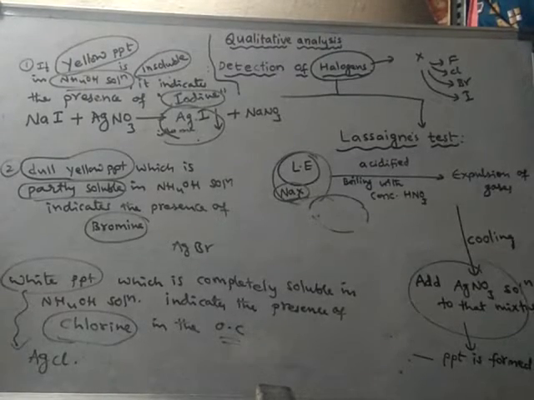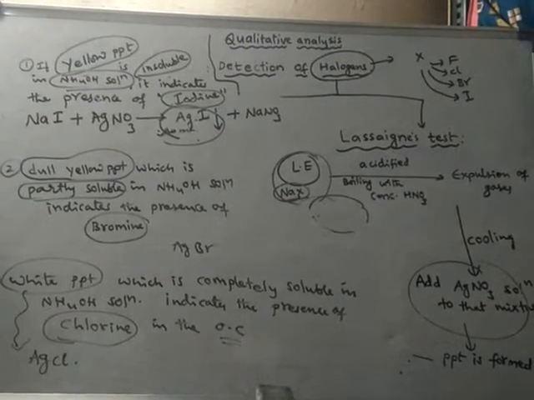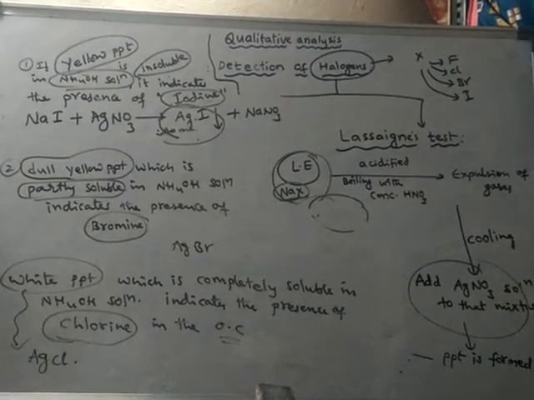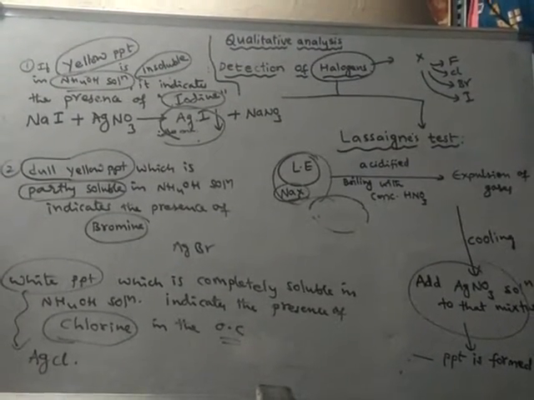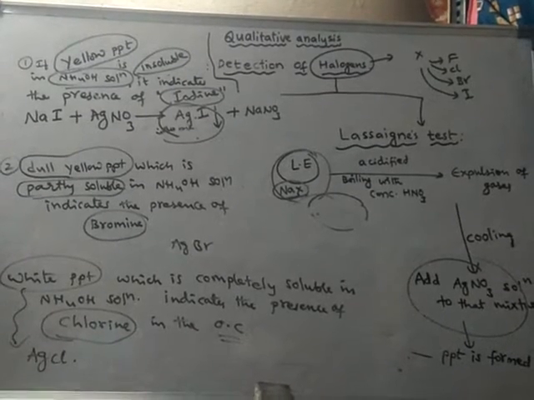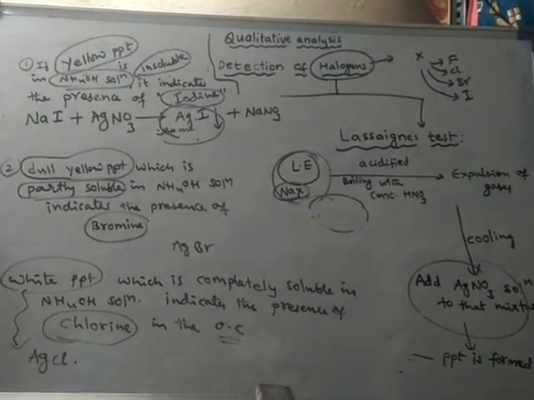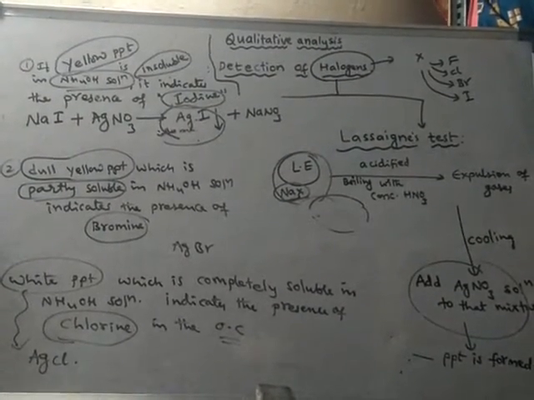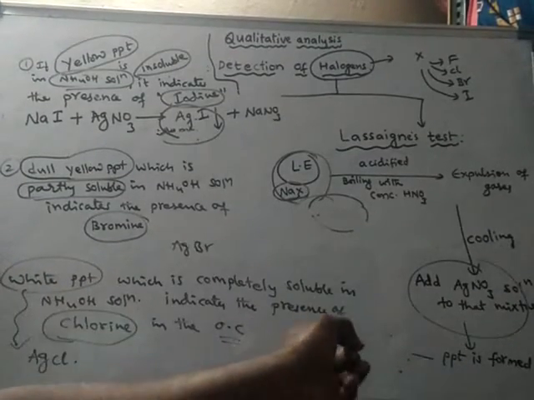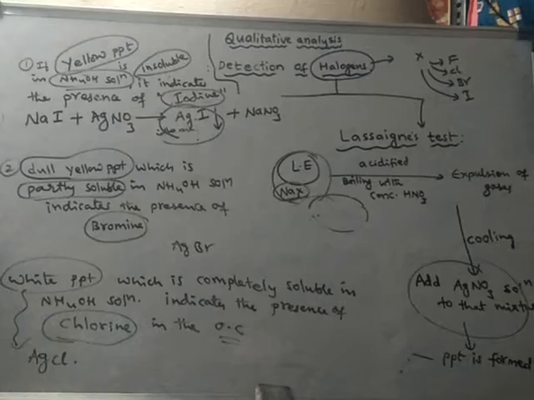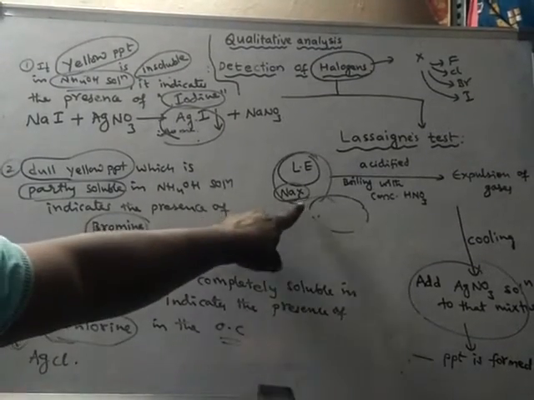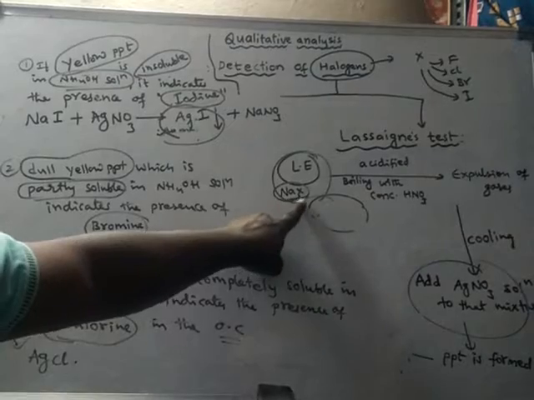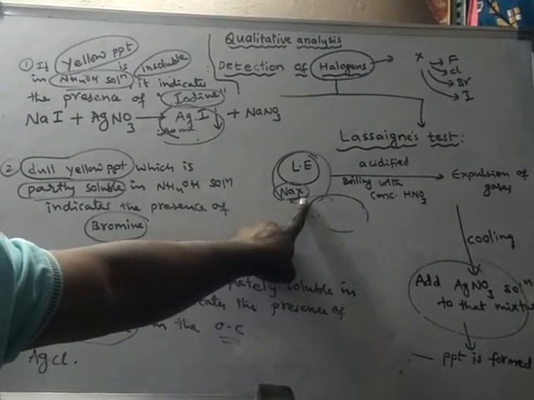And if the precipitate is bright yellow and insoluble in ammonium hydroxide solution, it is silver iodide, which indicates that the sodium halide is nothing but sodium iodide.